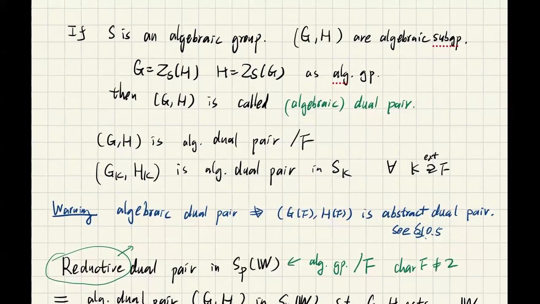A specific construction: if G and H are an algebraic dual pair as group schemes over F, a group defined over F, where F could be a p-adic field, R, C, or a finite field, then you can have a construction called extension of scalars.